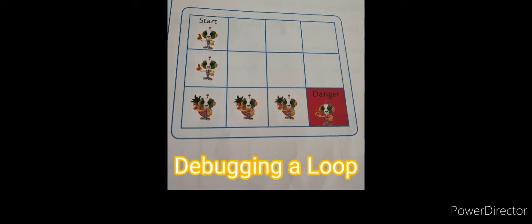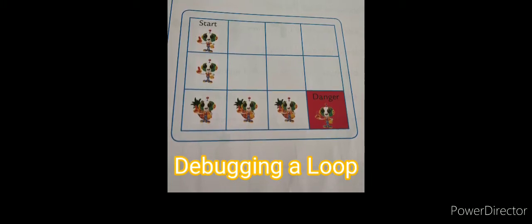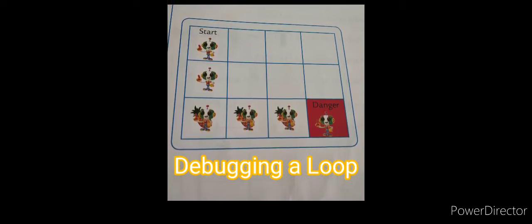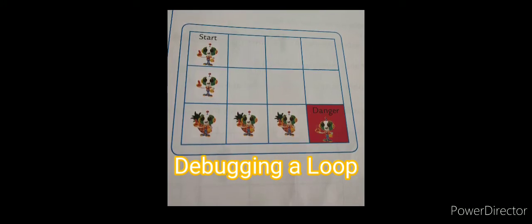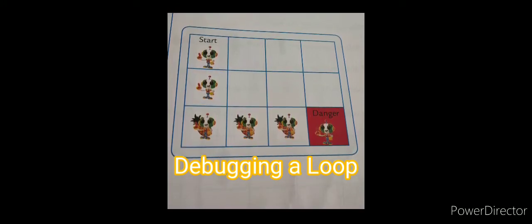Now, debugging a loop. As you know, looping is a set of instructions or actions which is going to be repeated. It's called a loop.